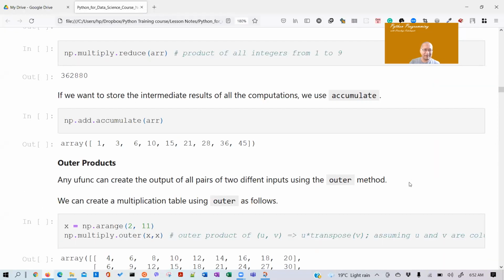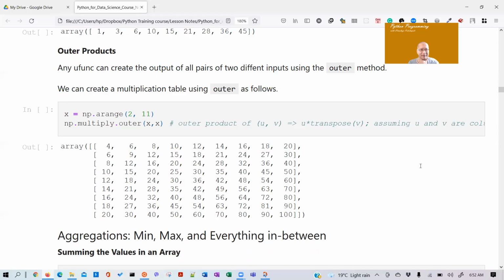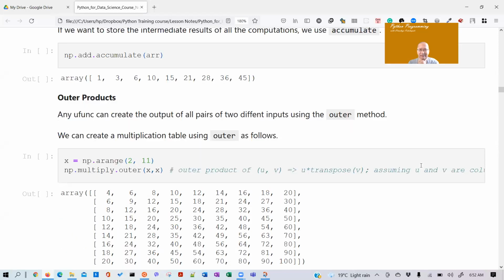Okay, so there's something called outer product, right? For this, I need to explain to you a couple of things. Inner product or outer product, right? So that's the inner product, outer product. So let me show you.